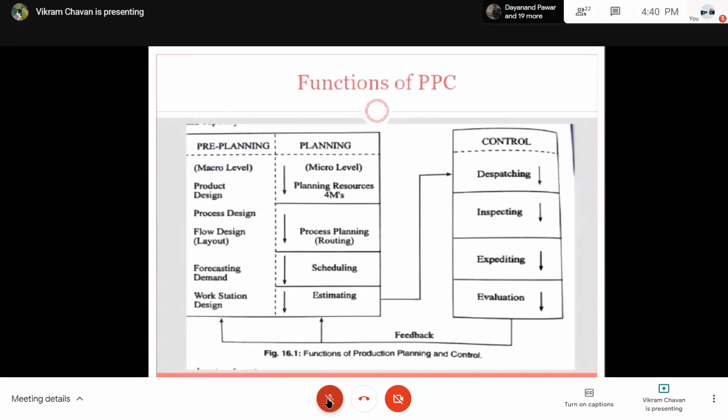Okay, so here you can see that it is mentioned under pre-planning as a macro level. So what does macro level mean? If you take the atom of any element or any subject, it will be considered a micro level, a very small level.